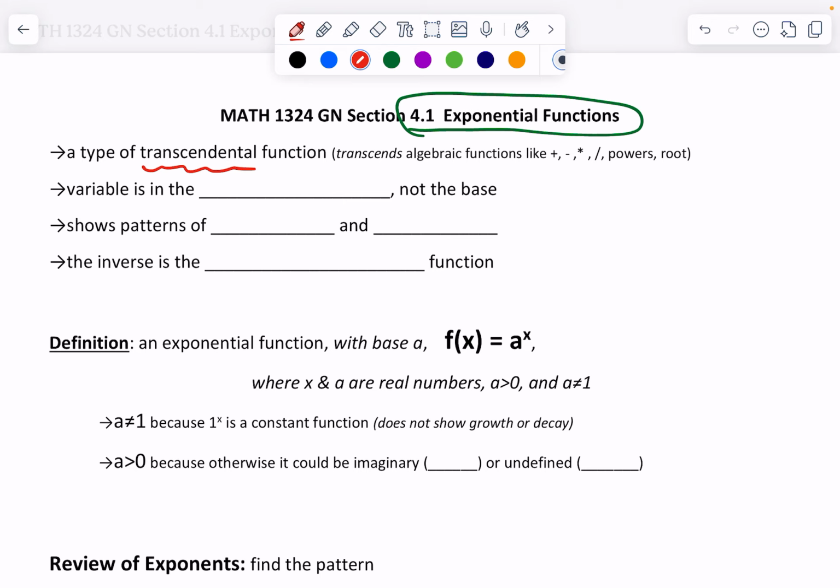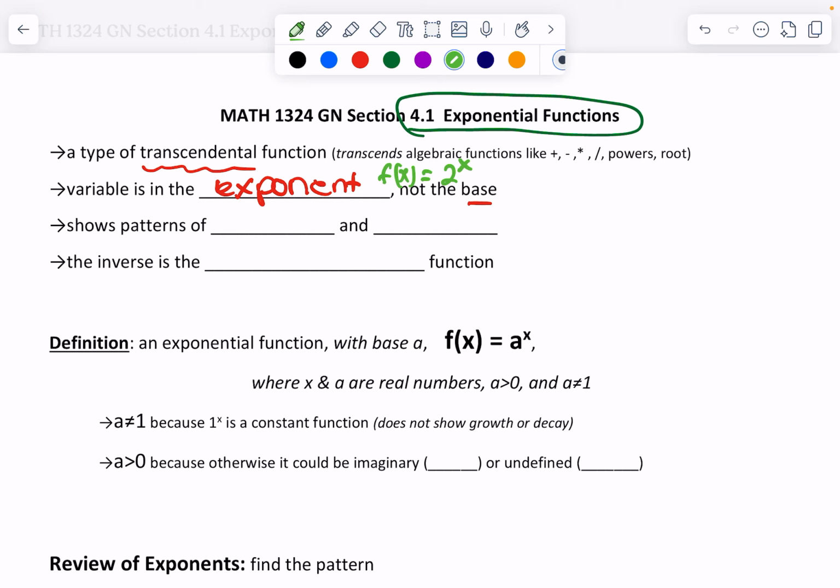Now, the variable is going to be in the exponent, not the base. So what does that mean? For example, we'll have f of x equals 2 to the power of x. So you see the x is in the exponent.